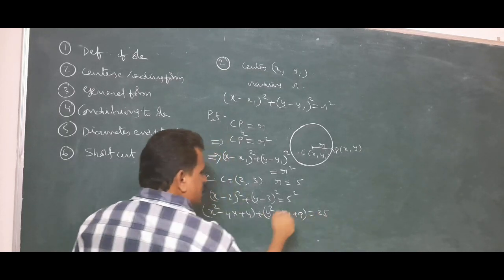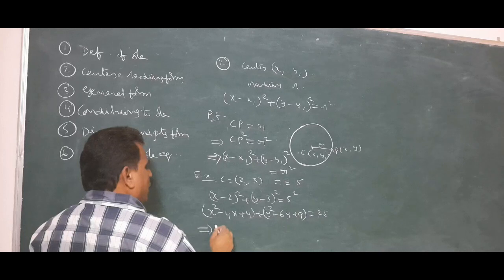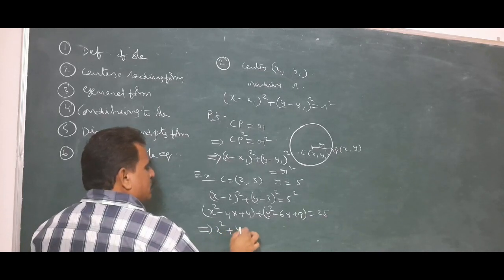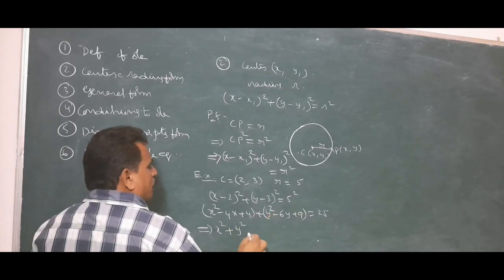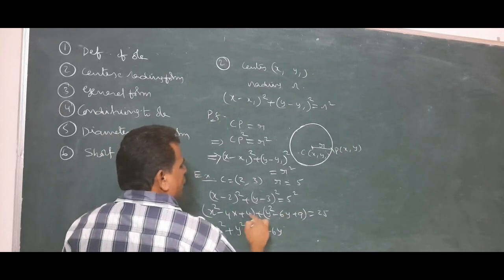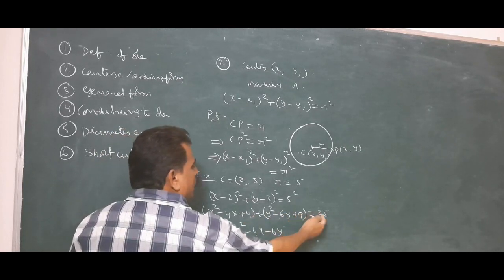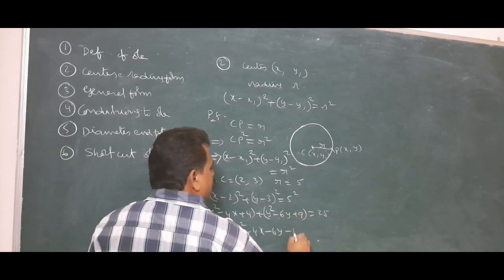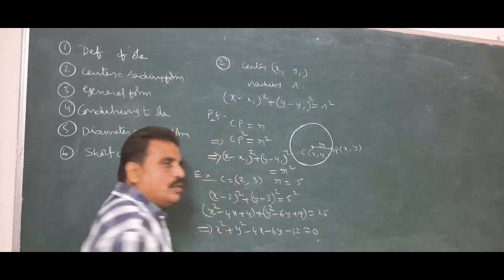Take the 25 this side, write in order. Finally we get the equation of the circle x square plus y square minus 4x minus 6y plus 4 plus 9, 13 minus 25, we get minus 12 equal to 0.